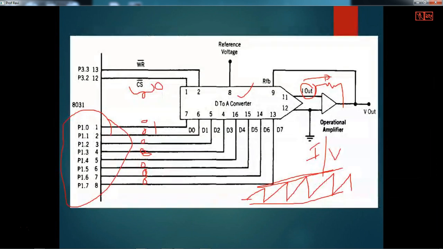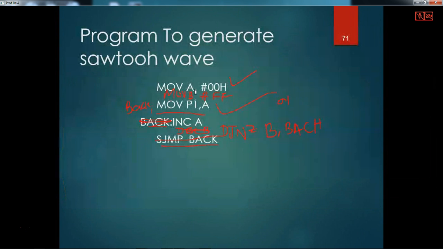Very simple: generate a ramp signal using the D2A converter interfaced to the microcontroller. Move A comma 00, move B comma FF. B is the counter. The 00 is what you write at the port. Now you increment A and decrement B, and if it is not equal to 0, move the content of A into port 1.